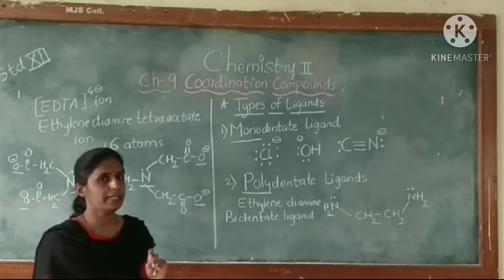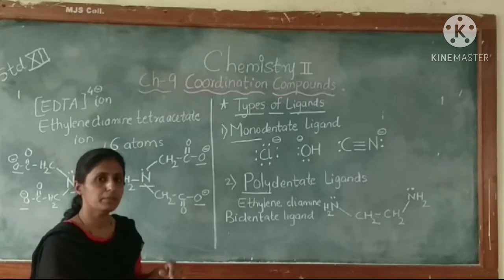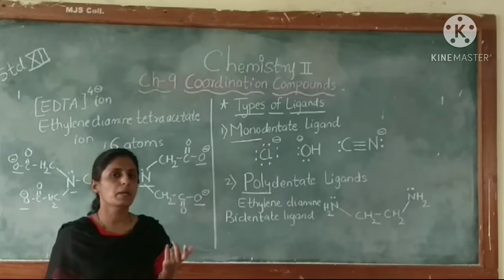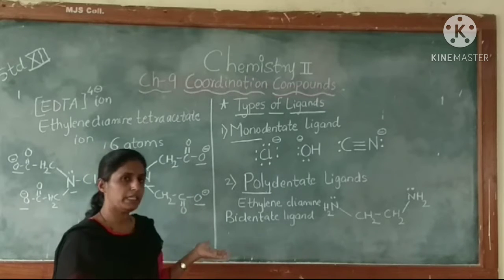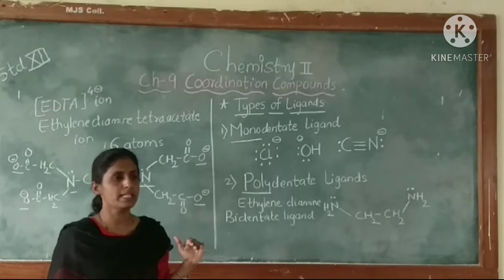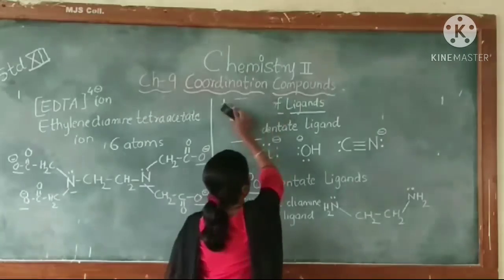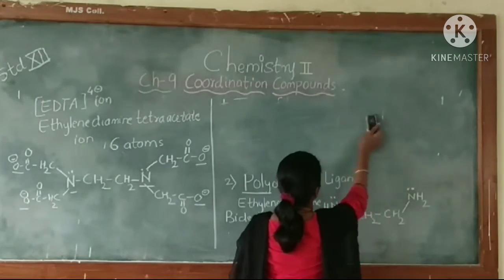Now these polydentate ligands form rings with the metal at the center. Hence they are also called metal chelates. And since the ligands are forming rings, they are also called chelating ligands. I will show you with the help of an example.